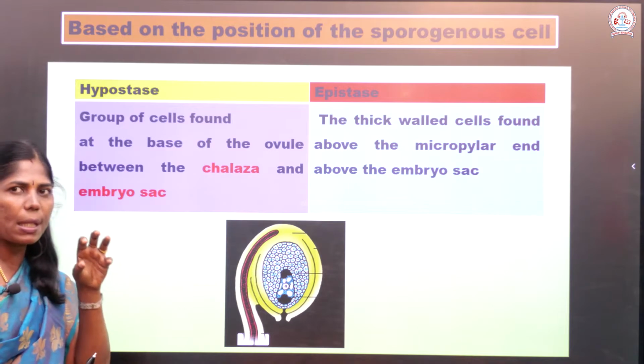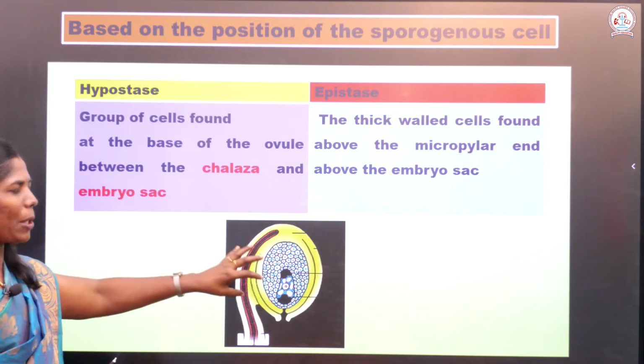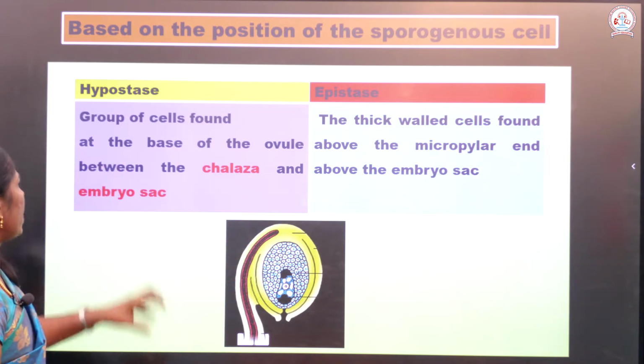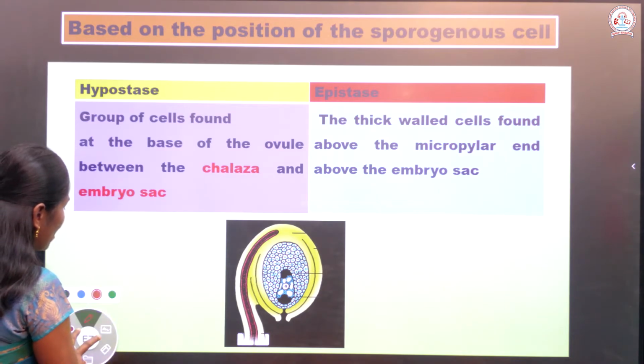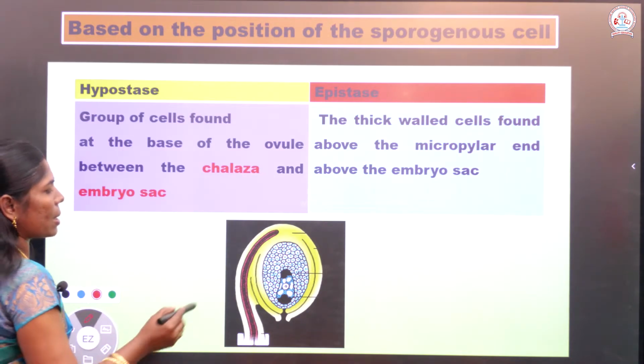What is the meaning of hypostase? A group of cells present in a particular region, found in the base of the ovule. What is the base of the ovule? Chalaza is the base of the ovule.